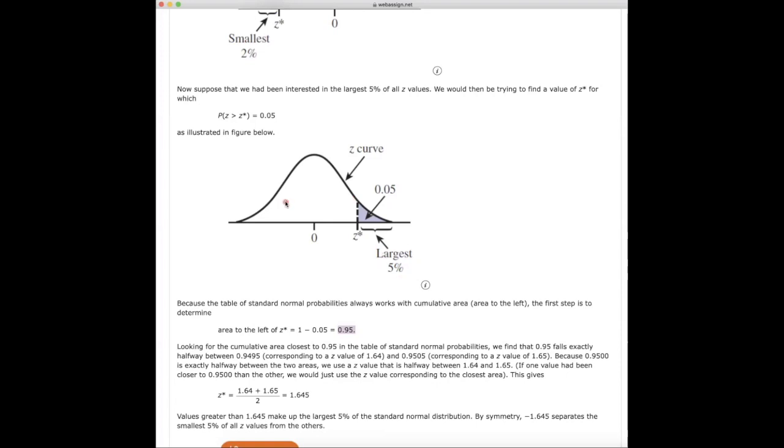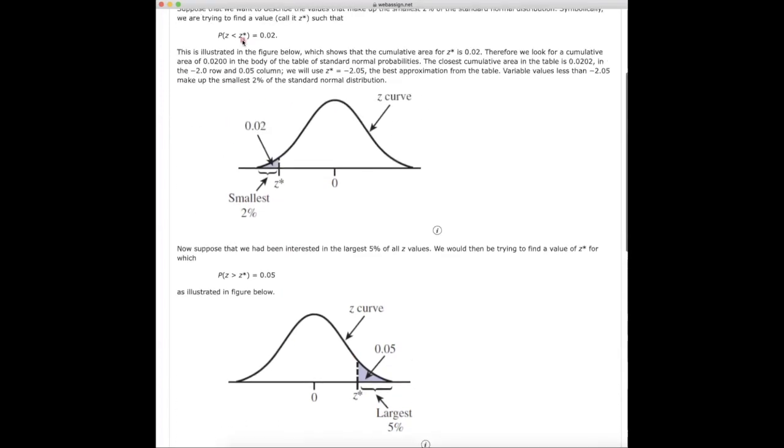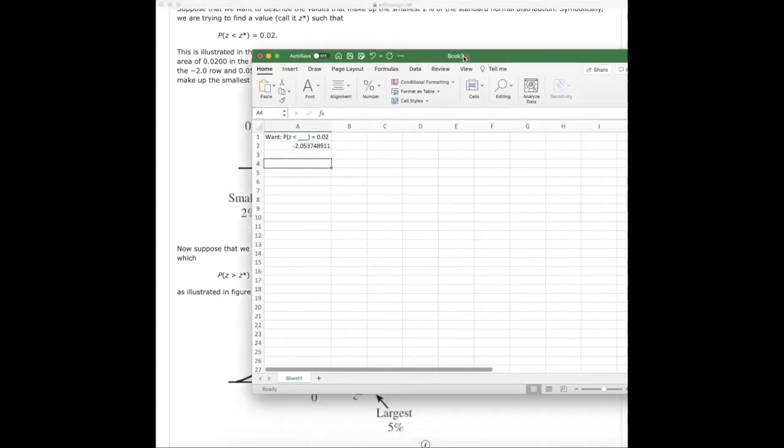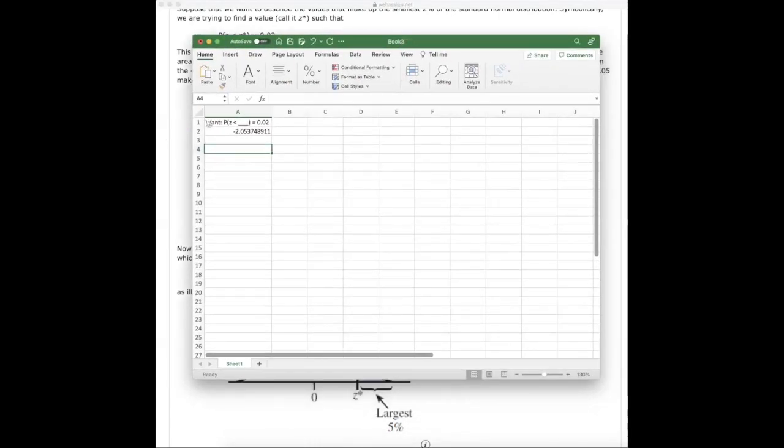So we can do exactly as we did above, but use 0.95 to find the value over here. Let me drag this back over here.